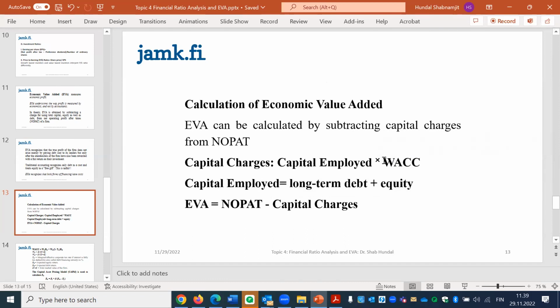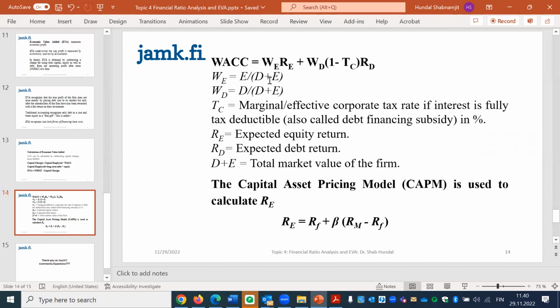And I think the weighted average cost of capital we have done in the past, when we were calculating the debt tax shield, or when we were calculating the CAPM. So you can check what weight of equity and what weight of debt the company has.